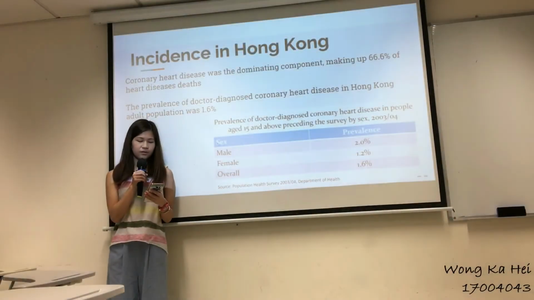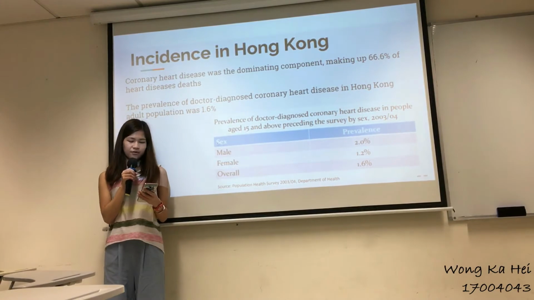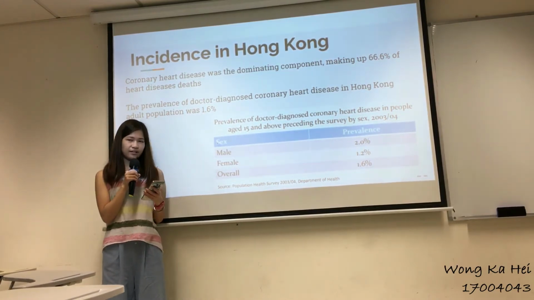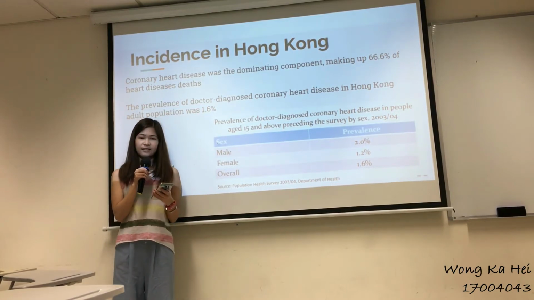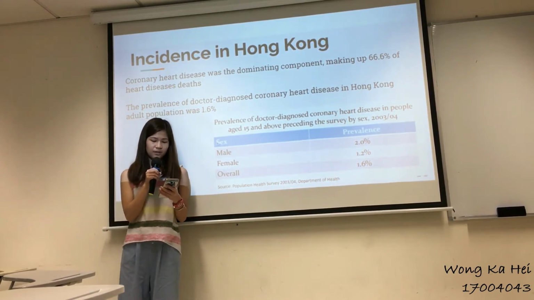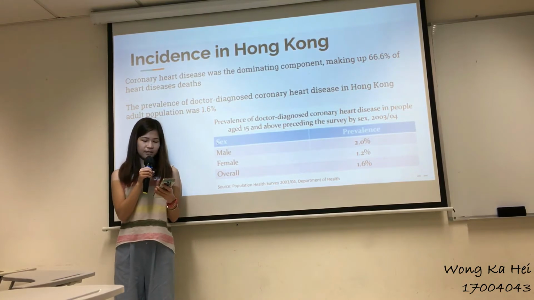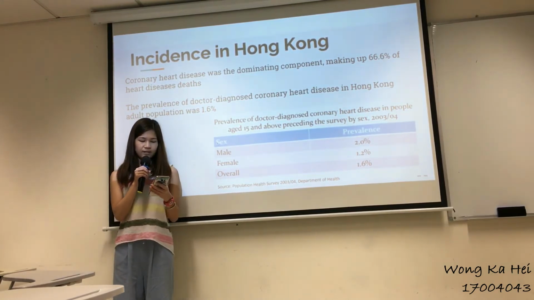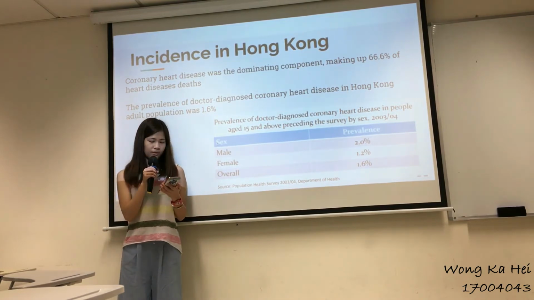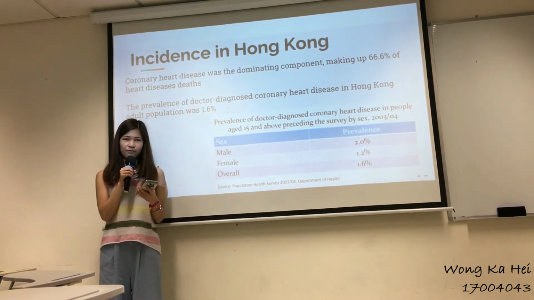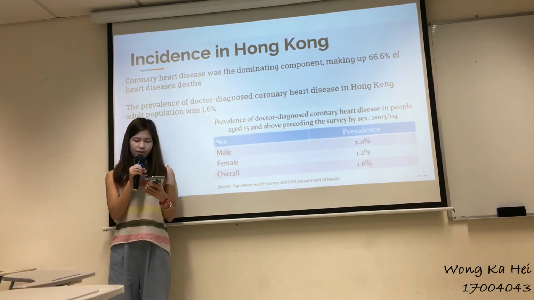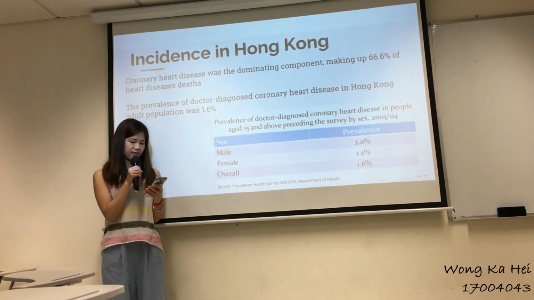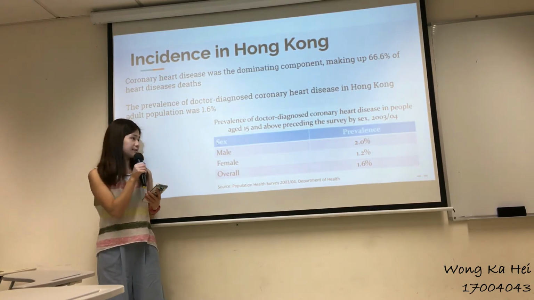Let's move on to the incidence of atherosclerosis and coronary heart disease in Hong Kong. Coronary heart disease was the dominant component, making up 66.6% of heart disease deaths. The death rates due to coronary heart disease were 71.5 for males and 43.7 for females per 1 million population of the respective sex in 2015.